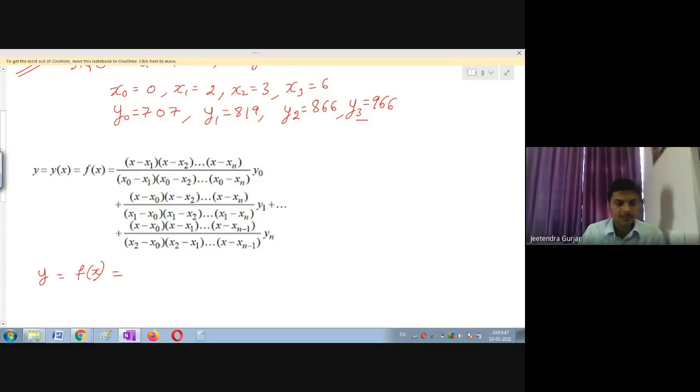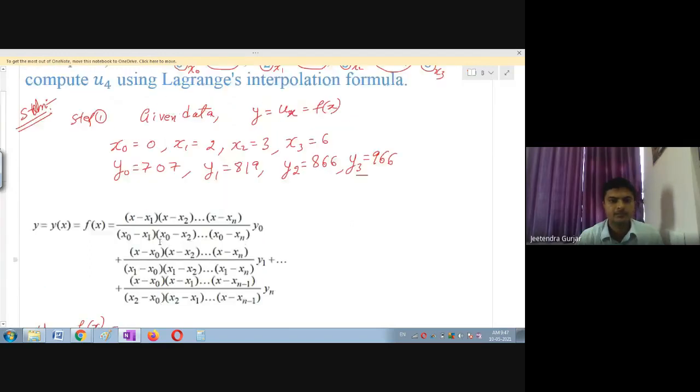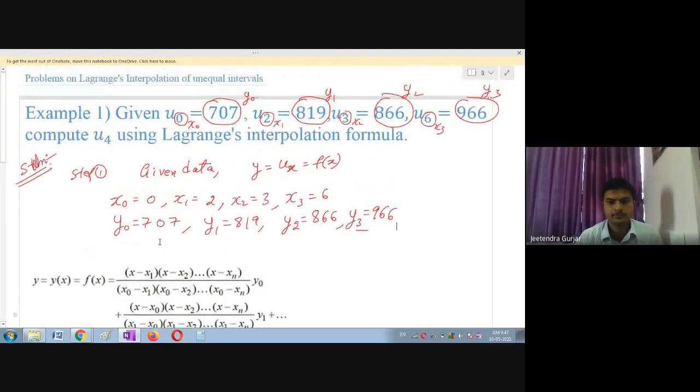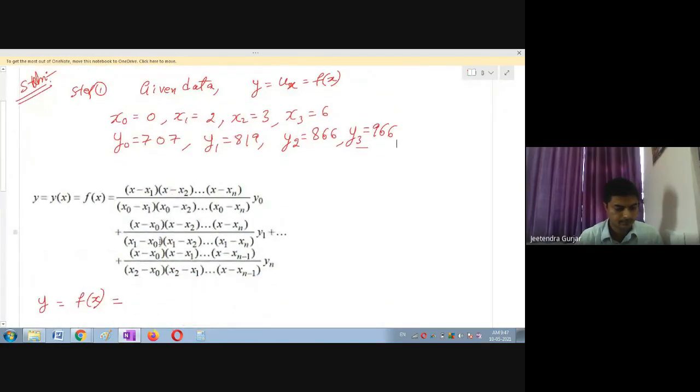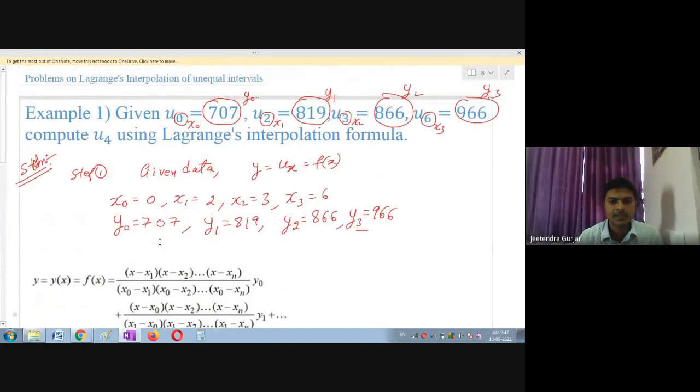Yes, can anybody tell me what is x? Yes, students, from the data, can anybody tell me what is the x value? Please try, just think.